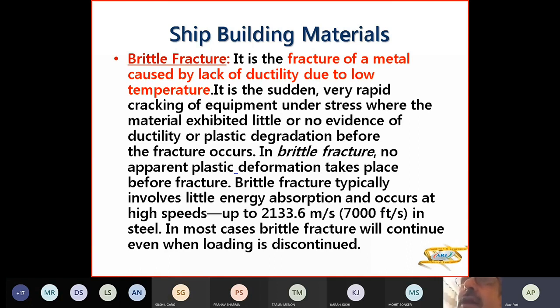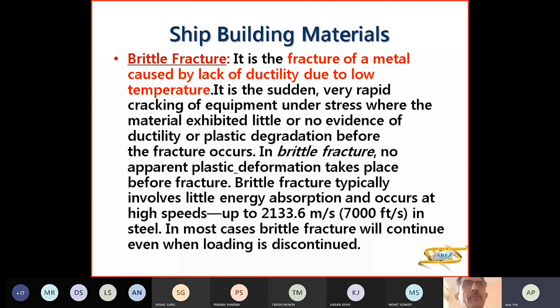So the entire ship can crack and sink within minutes. That is the reason we have to be very careful about brittle fracture. This occurs because of loss of ductility when you go into sub-zero temperatures and your steel is not treated well. So brittle fracture can occur and the ship can sink in minutes.